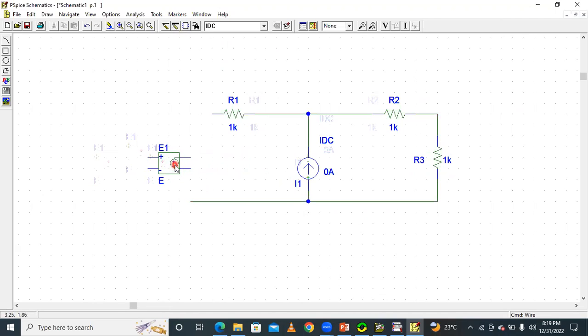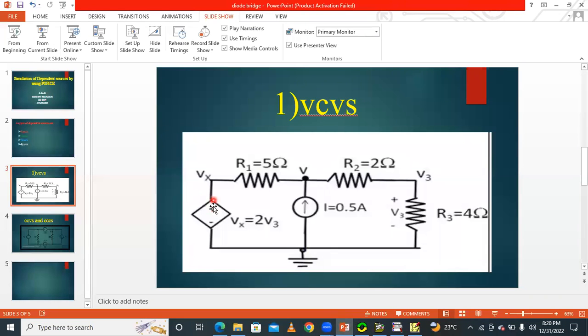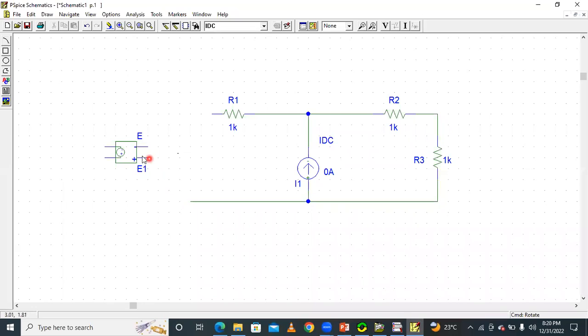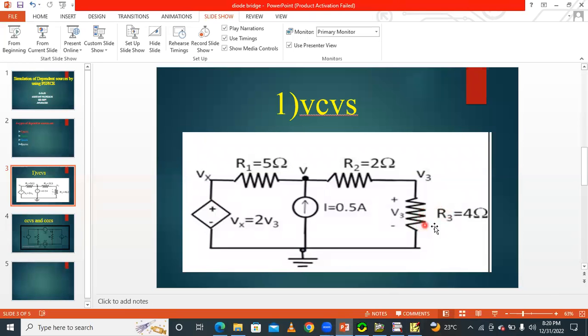The circle represents the voltage source, so select it and rotate it. The source has positive in the upward direction and minus in the downward direction, so arrange the positive on the upper side. This is the source connection. The plus minus are the controlling parameters. The circle is the source. It depends on this resistor.